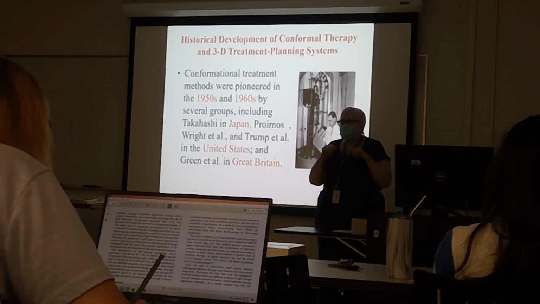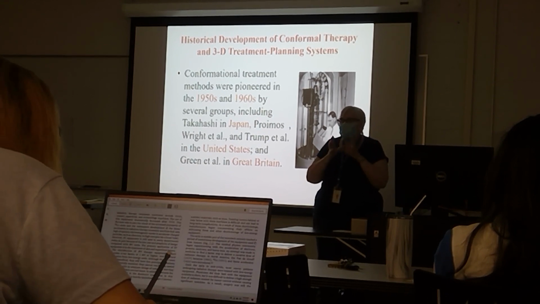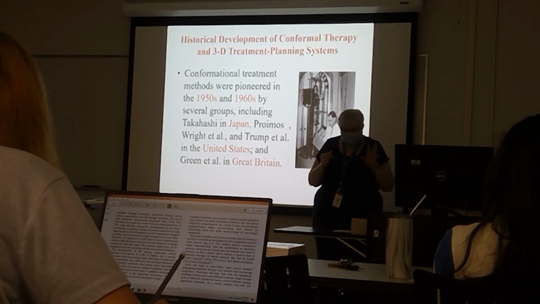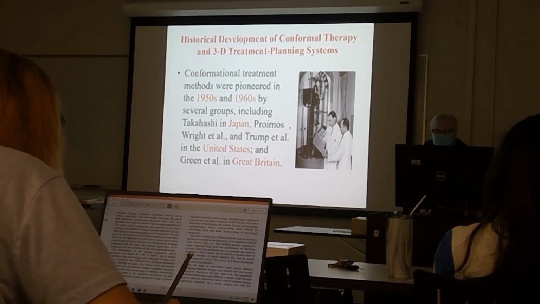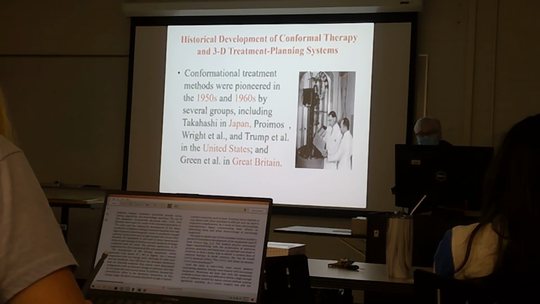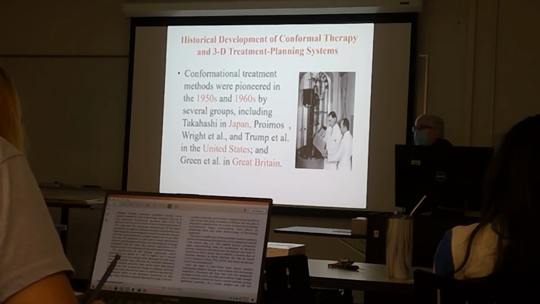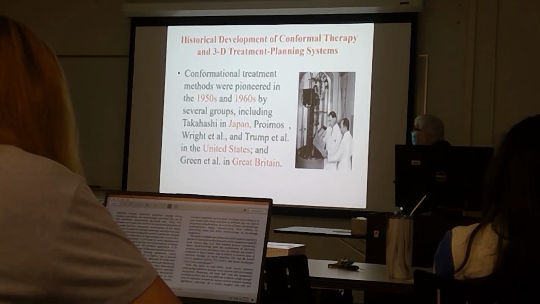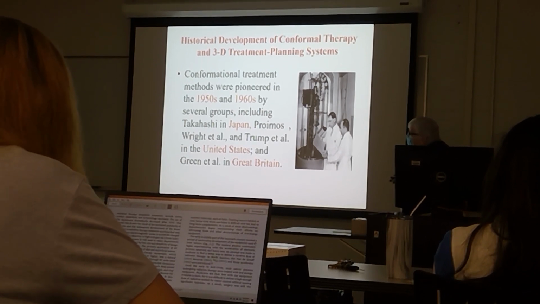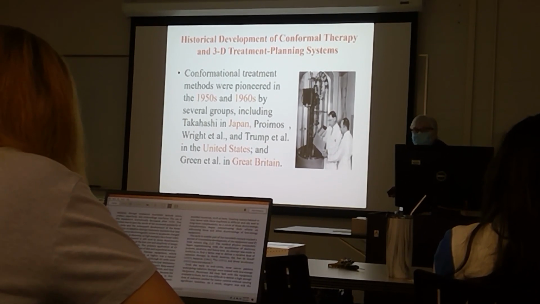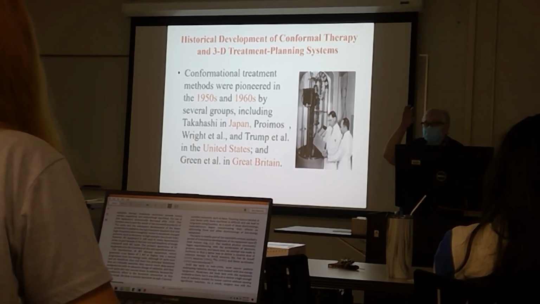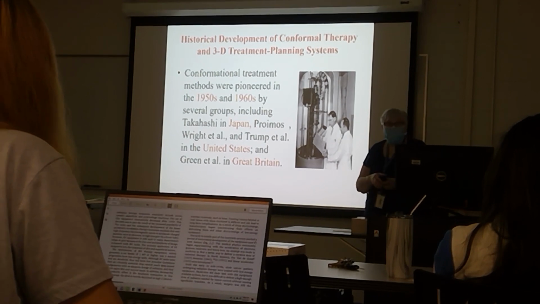And you could shield a little bit, but it wasn't that much. When conformal came in, you could do a little more with shielding blocks. And in the early 60s, that was lead blocks, and you had to place them on a tray yourself.